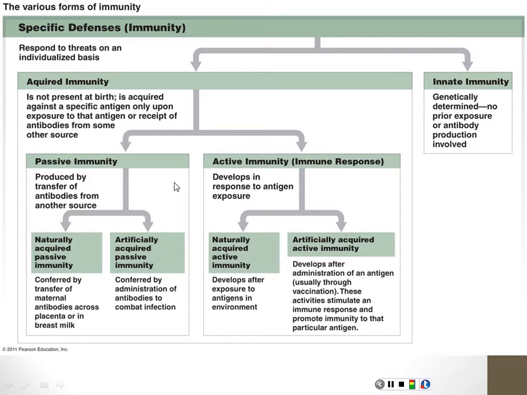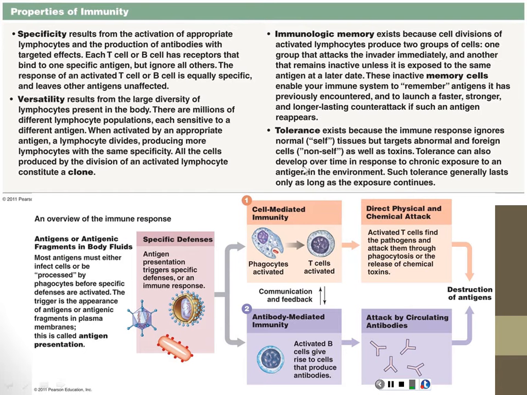But the most important of all of these is this guy right here, because this is the natural case, which is what we're going to talk about the most. I will talk a little bit about vaccination just because it's a hugely important public health issue, as we've all heard about in the news, so we're going to talk about it too. Okay, so before we can get into the acquired immune system, we need some properties.